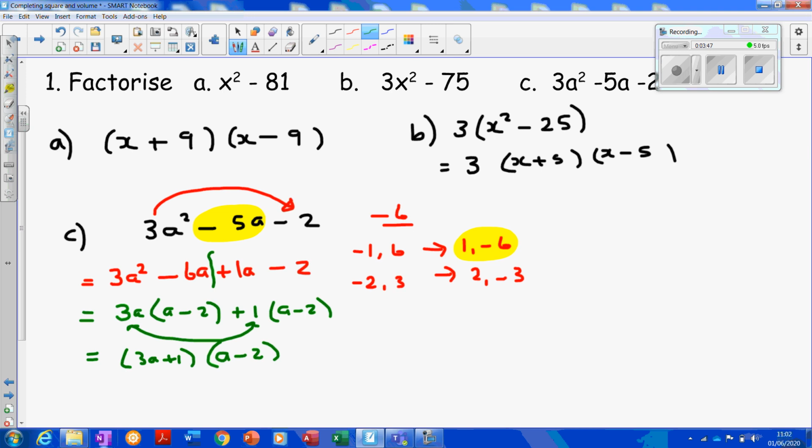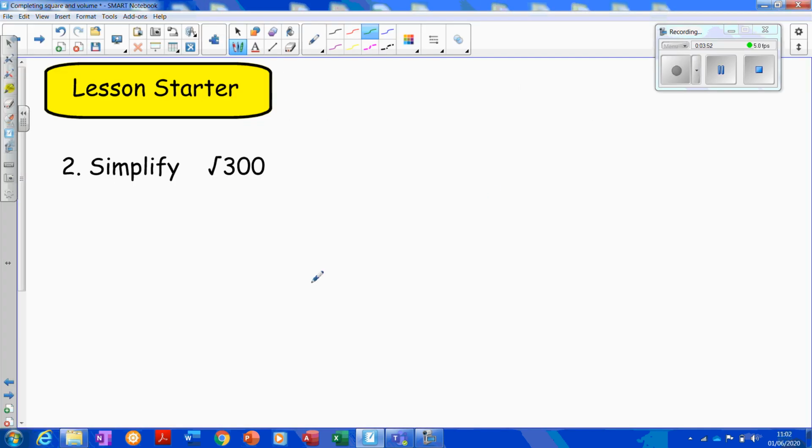Okay, next one, question 2. Simplify the square root of 300. Now, always keep in mind what your square numbers are. So I'm listing them down just now. Okay, that's up to 100. Now, what is the biggest number that divides into 300?